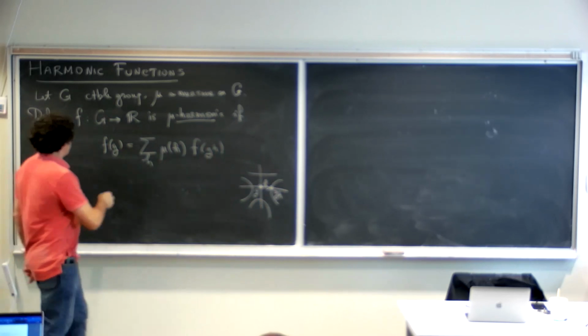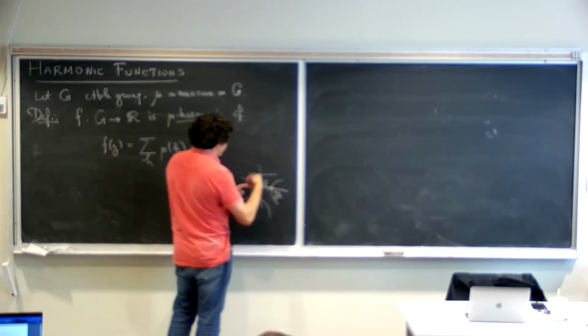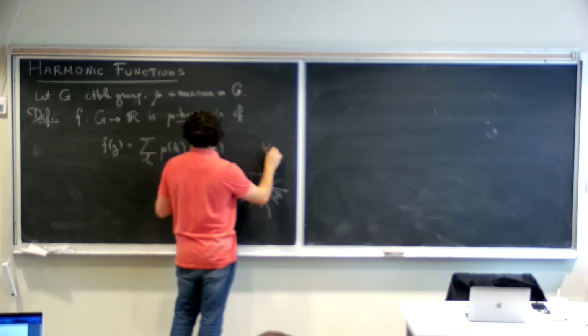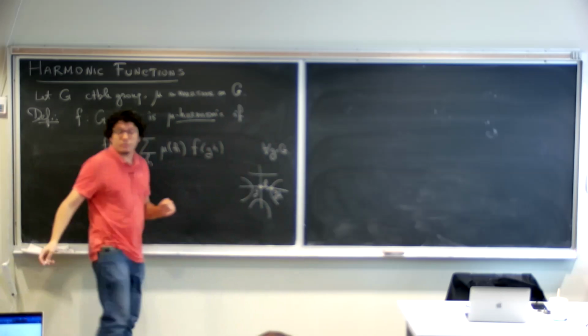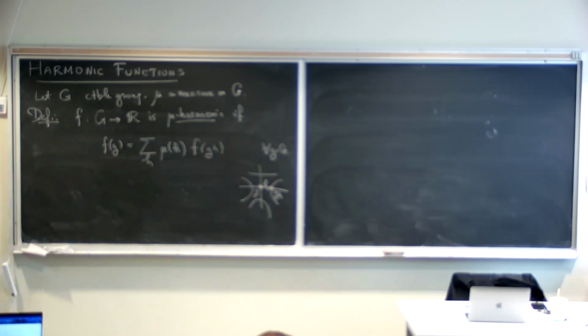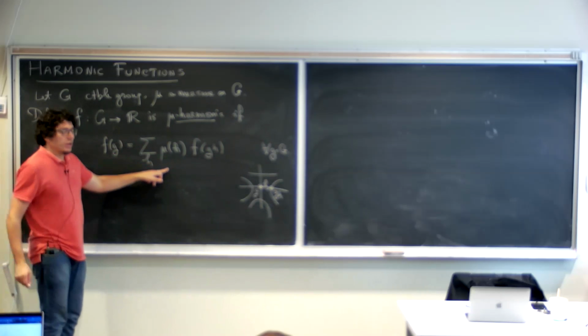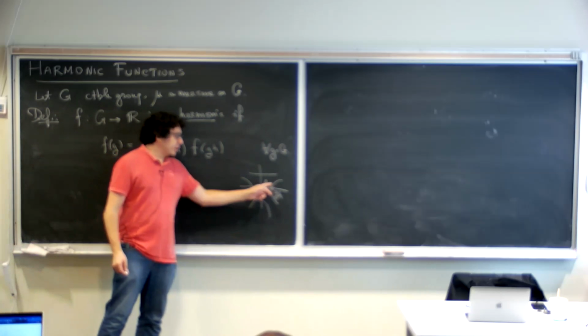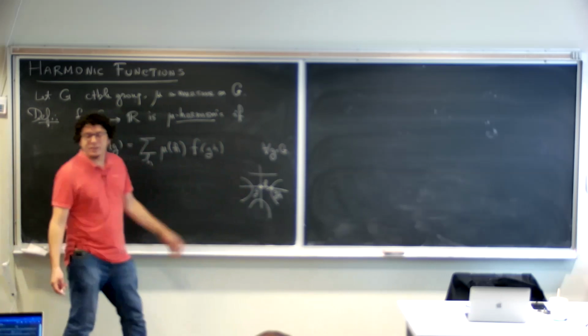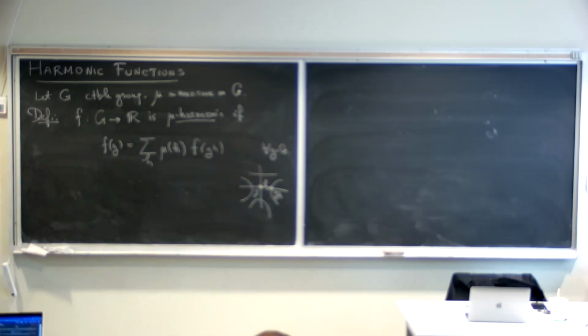So it's the average of the neighbor nodes, and this mu tells us how to do the averaging. But again, you could have more complicated situations. The support of mu could be infinite, so the corresponding graph would have infinite valence if you want. So it could be different.